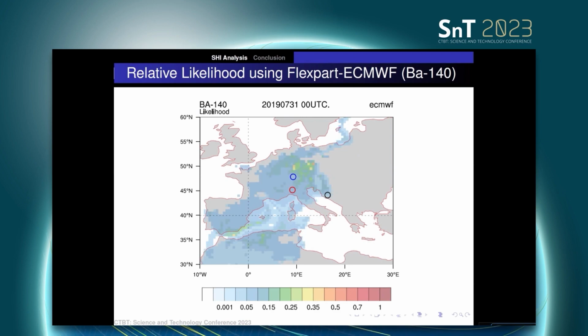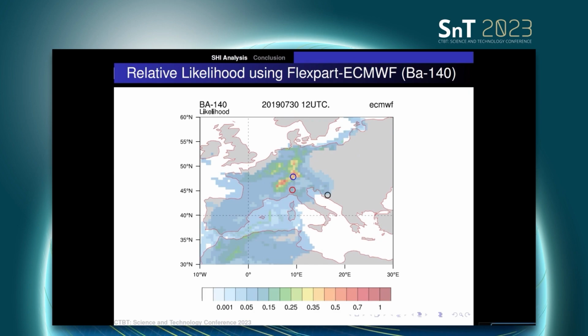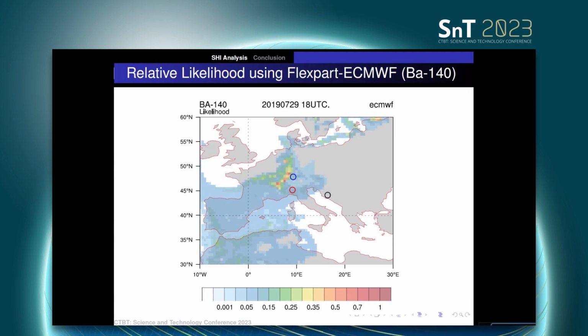Beginning from the 30th, we have a higher likelihood function near one of the seismic events, consistent with the north seismic event, the blue one, and the solution stays for a time at this location.